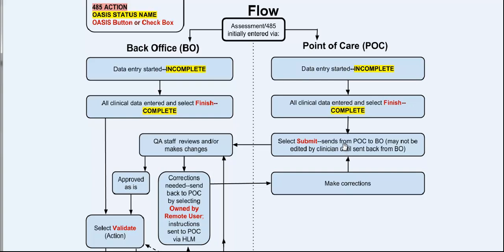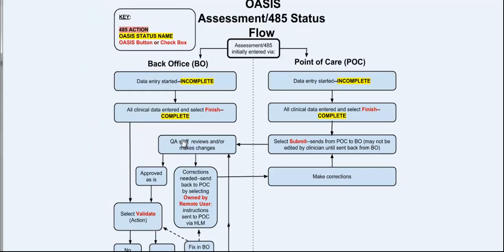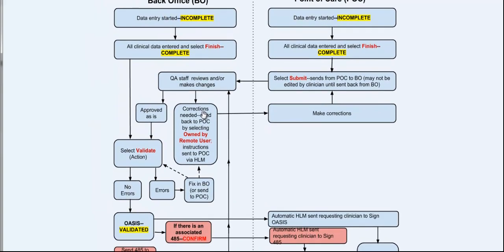Then when the point of care user, Tinkerbell, submits it, it comes over here into the back office. The QA staff reviews it and/or makes changes. If they decide to send it back to the point of care user, they can use the Owned by Remote User checkbox, and that will send it back to the point of care user with a hot list message indicating that corrections need to be made.